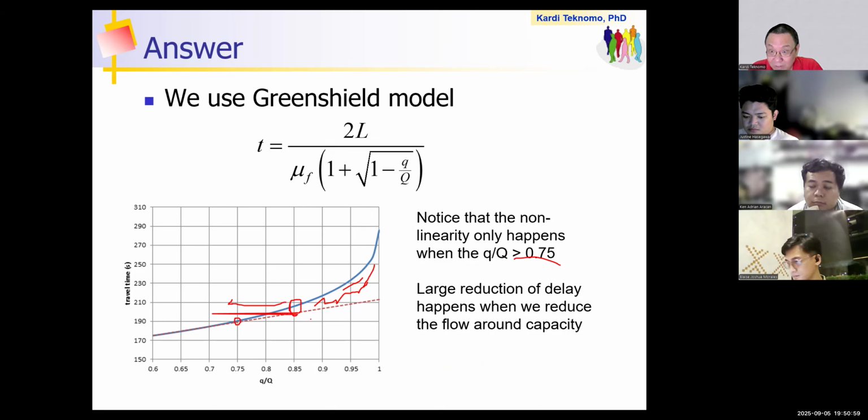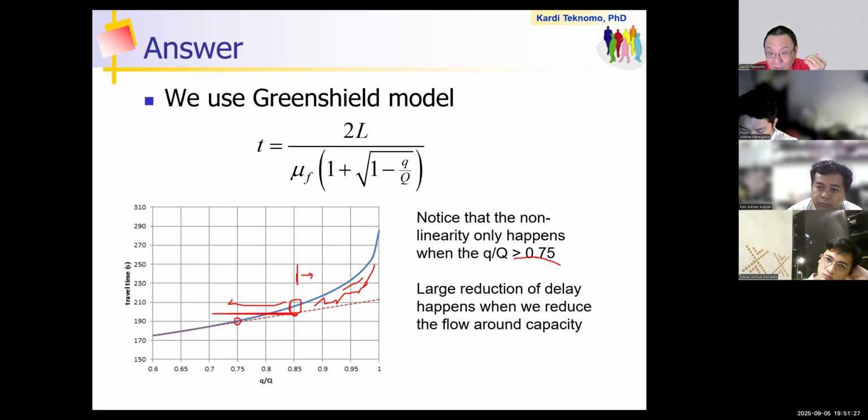Similarly, if you are already in the congested region, say 0.8, and then add just a few percent, suddenly the congestion becomes very severe. So this is a nonlinear phenomenon.